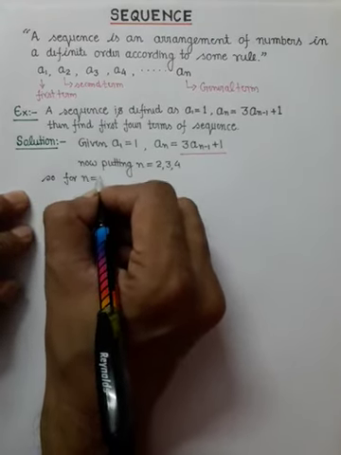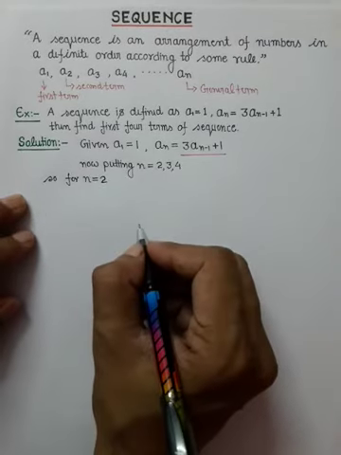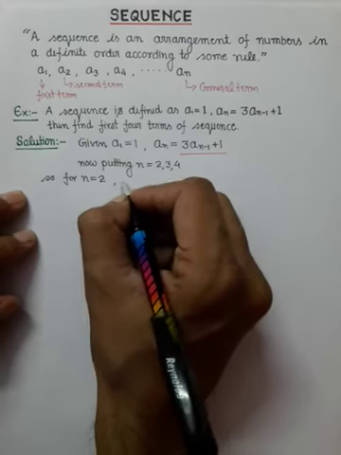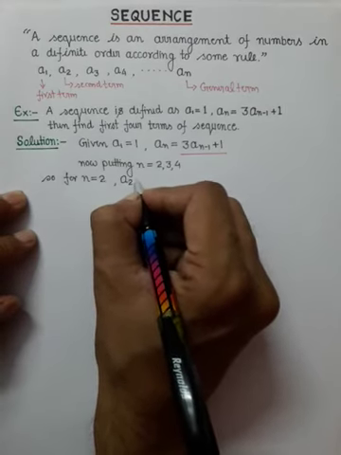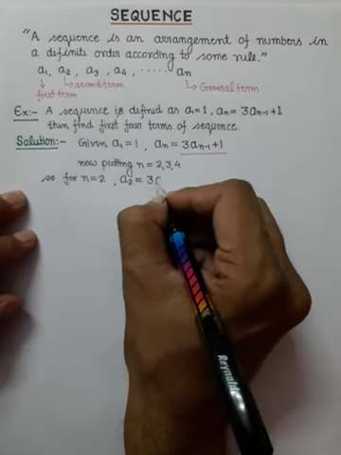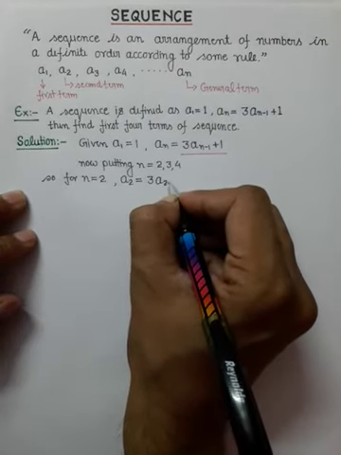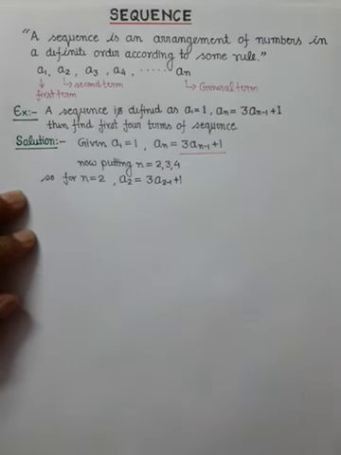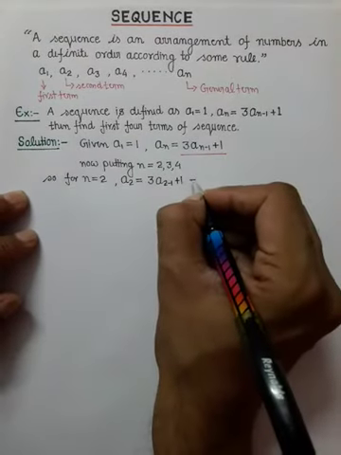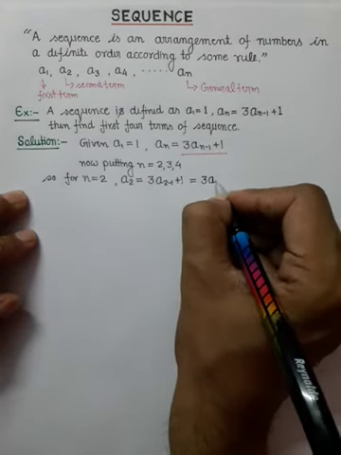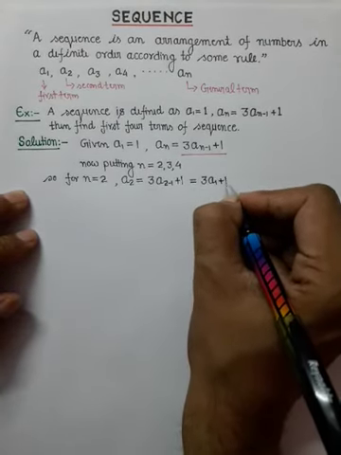So it can be written as a2 is equal to 3 a2 minus 1 plus 1. So when we simplify it, it can be written as 3 a1 plus 1.